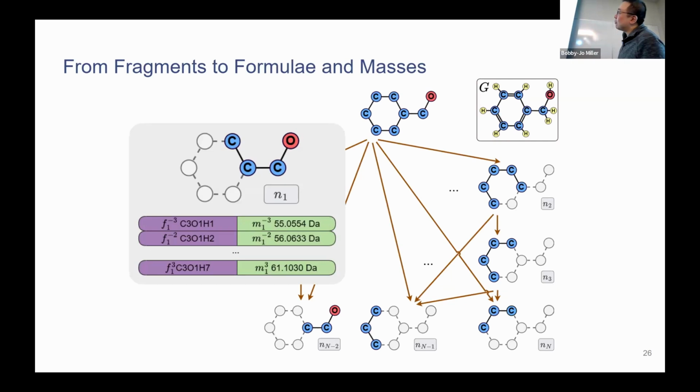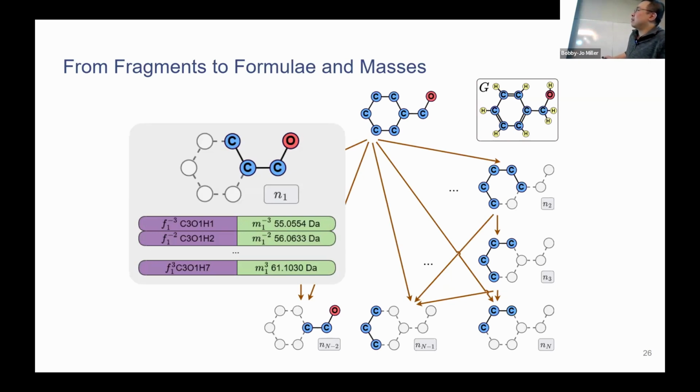For instance, the one we listed in purple can range from 3 carbon, 1 oxygen, 1 hydrogen, to 3 carbon, 3 oxygen, and 7 hydrogens. And every single one of them has a calculated molecular mass.